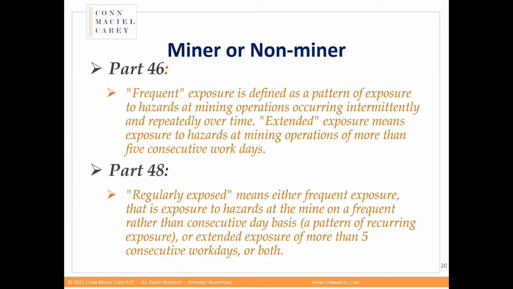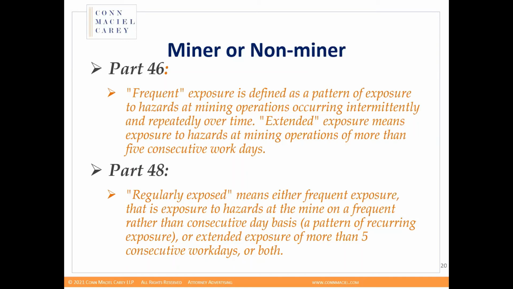There are actually cases out there in which an electrical contractor was on site for 3 days and then 4 days, 2 weeks apart, and the judge found that they didn't have frequent or extended exposure because they weren't on site for more than 5 consecutive days, and it wasn't frequent because it was 2 trips to finish the job.